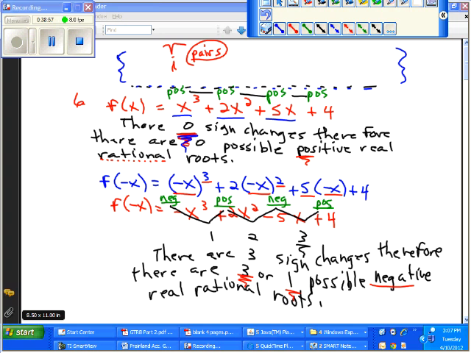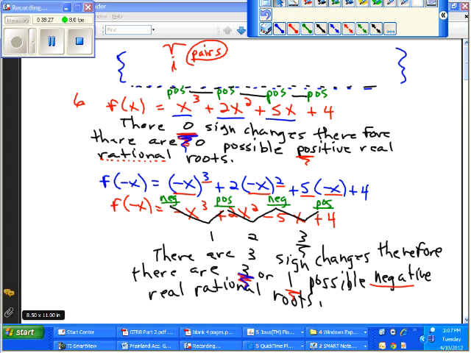Now, there are possibly 3 of the negatives that would work. So in our synthetic division, when deciding on a 0 to plug in, we're going to plug in a negative choice, you see. Everybody see how Descartes' rule of signs can help us in making better choices from our list of possible rational roots?